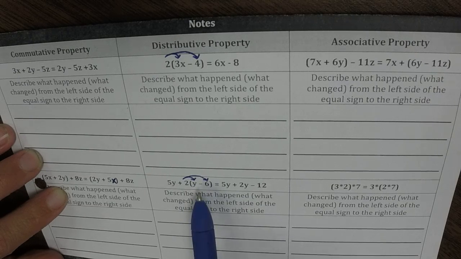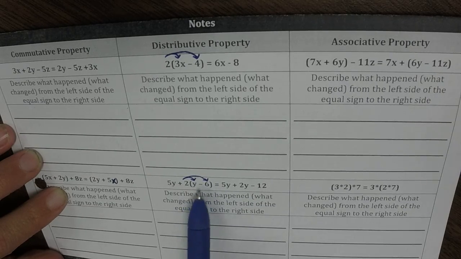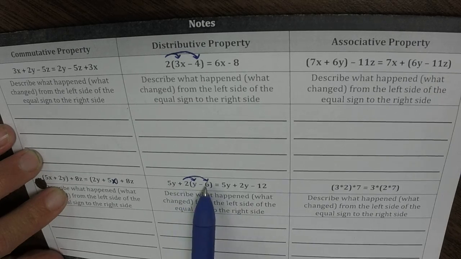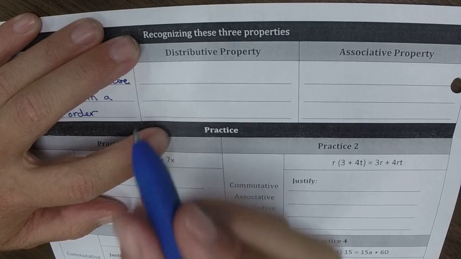But the easiest way to determine the distributive property just by looking, without actually checking for the multiplication, is to notice that there's only ever parentheses on one side, because once you distribute, your whole purpose is to remove parentheses. That's what the distributive property is about. So if you flip over onto the back, we're going to write a couple of things under the distributive property.